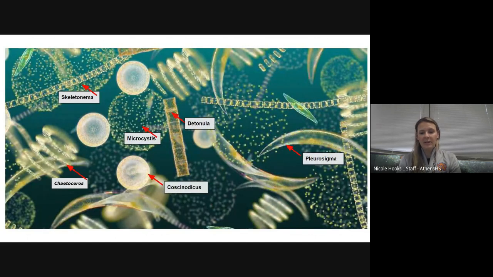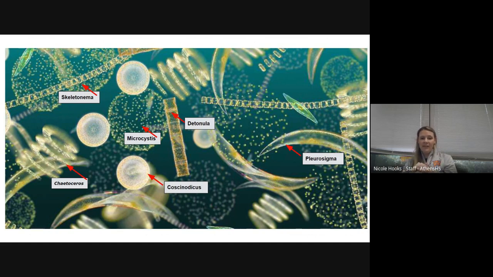So here's some other examples of our phytoplankton. Skeletonema right here, Microcystis, Detonula, Coscinodiscus right here, Chaetoceros, and Pleurosigma. These are all some really cool ones that hopefully you'll be able to see when we take a walk down to Lake Johnson, pull out a sample, bring it back to the class, and look at it.